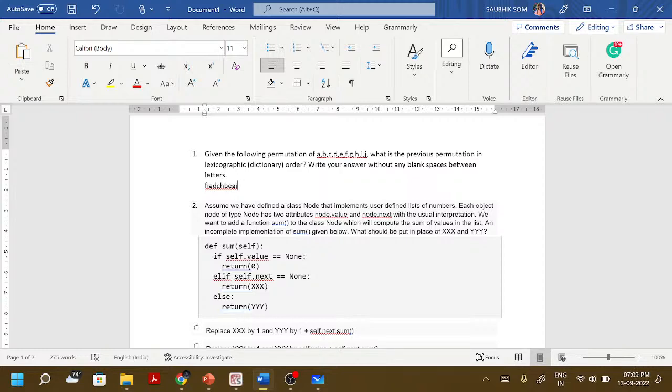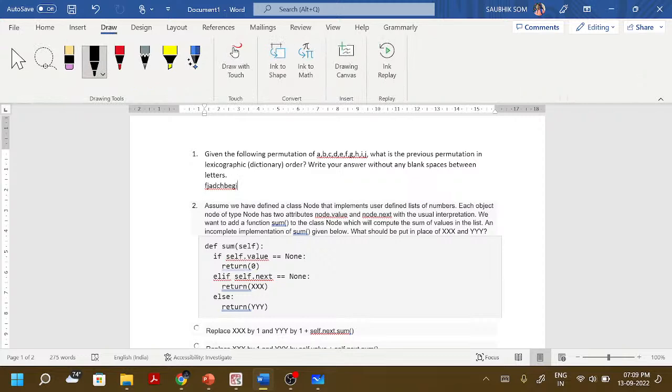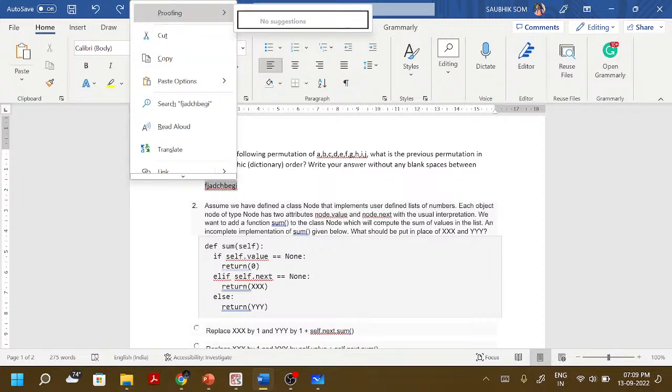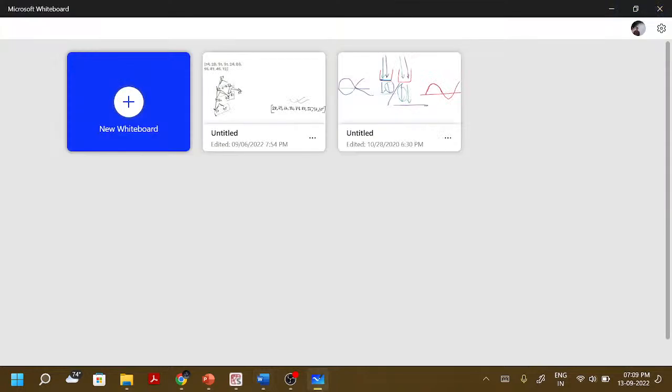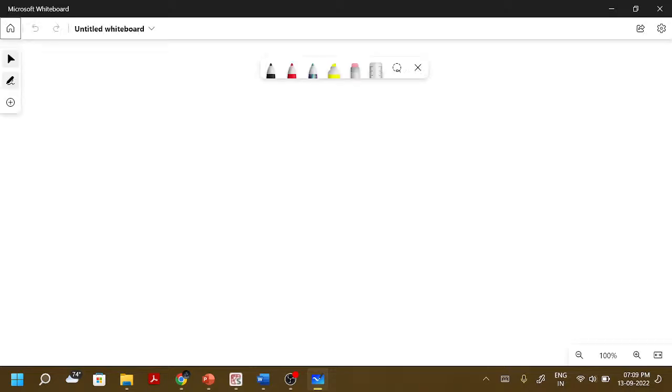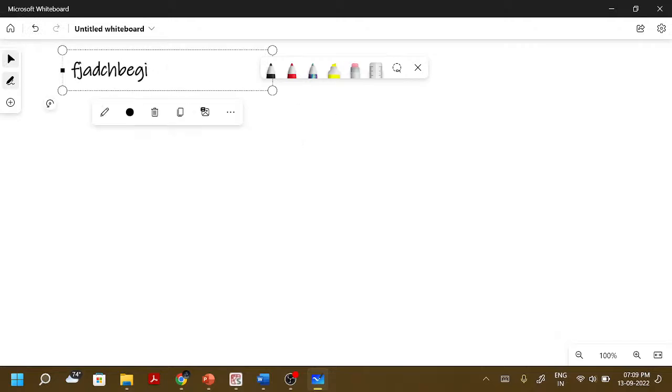We'll copy this and paste it here in a new whiteboard. This is our lexicographic dictionary order. I think a similar problem we have in our assignment also, right?